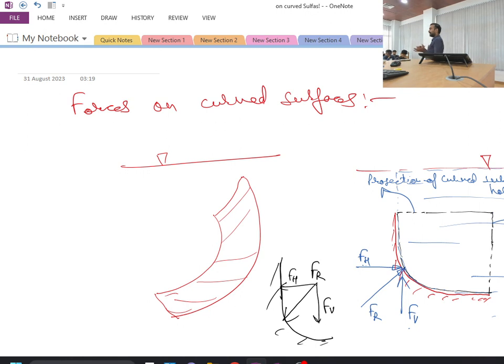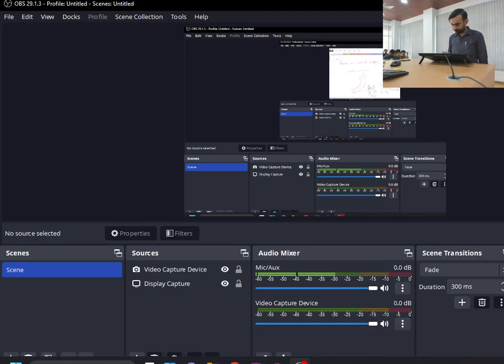Though the surface as a whole is a curved surface, its projections on horizontal and vertical planes are nothing but planar surfaces. We already know how to estimate the forces on planar surfaces, so by using a similar concept we can determine the values of Fh and Fv. How to do this, I will try to explain in the next lecture. Now we'll stop. If you have any questions, you may discuss.